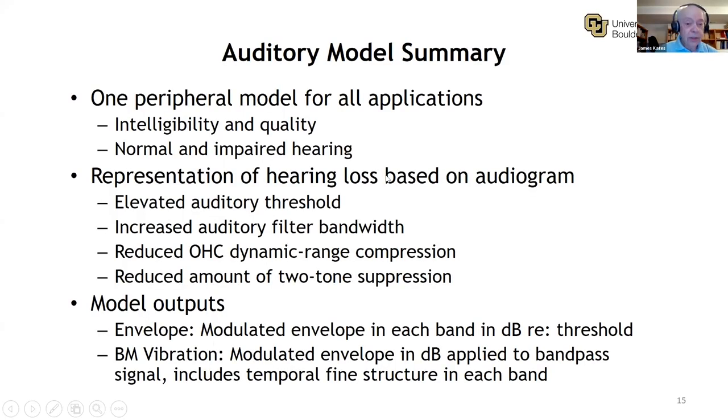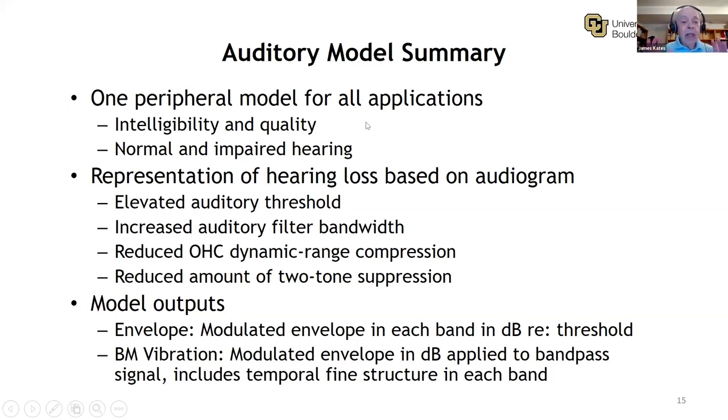To summarize the auditory model, we are using the same peripheral model for intelligibility and for quality, and we have built a model that we can degrade, that we can break gracefully to represent normal into impaired hearing and into moderate to severe hearing losses.